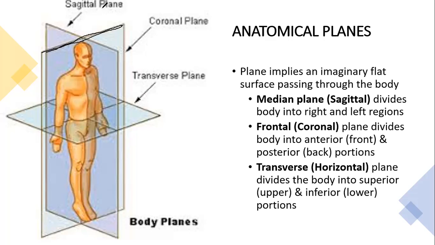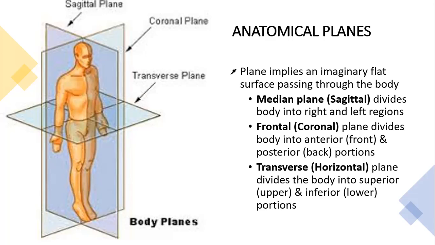The final plane that I need you to know is the transverse or horizontal plane. This plane basically goes through, let's say, the stomach, and it divides the body into an upper and lower half, or superior and inferior portions.